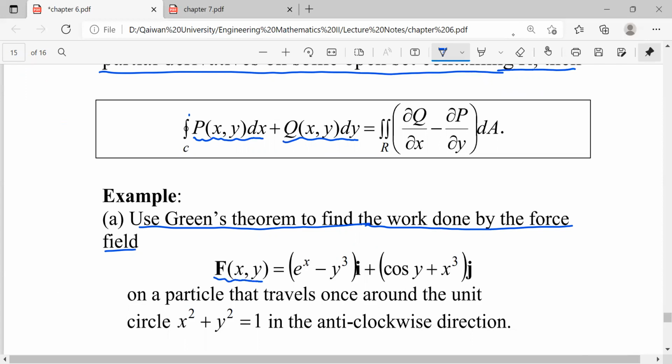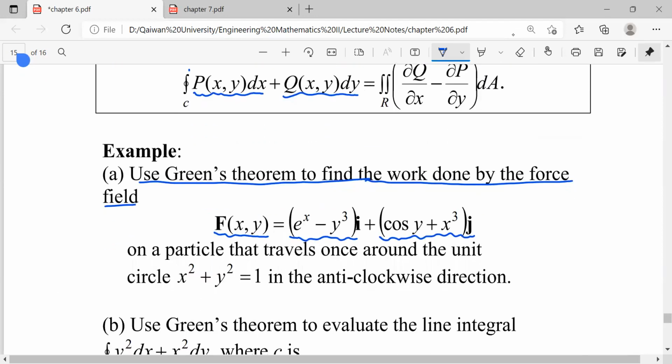F is the force field, e to the power x minus y cubed i plus cosine y minus x cubed j, on a particle that travels once around the unit circle. This is the region R, in the anti-clockwise direction, and here we have a unit circle.